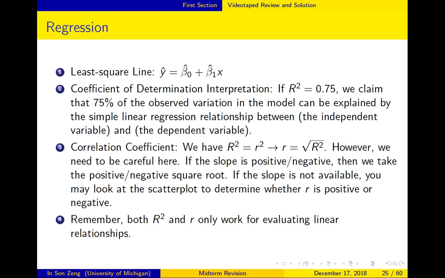If the slope appears to be positive, we say that we have a positive linear relationship, and then we take the positive square root of r squared for the correlation. Whereas if the slope appears to be negative, then we take the negative square root of r squared.